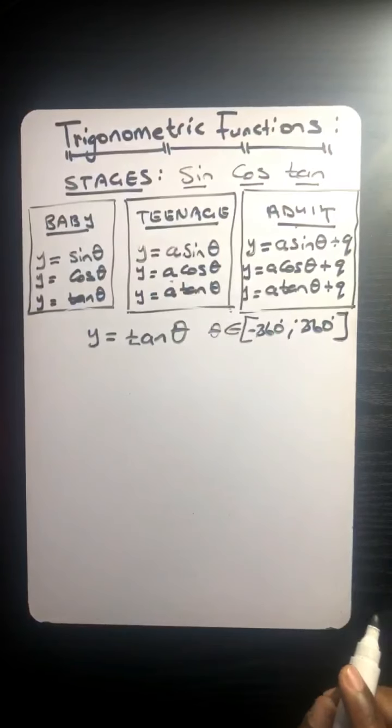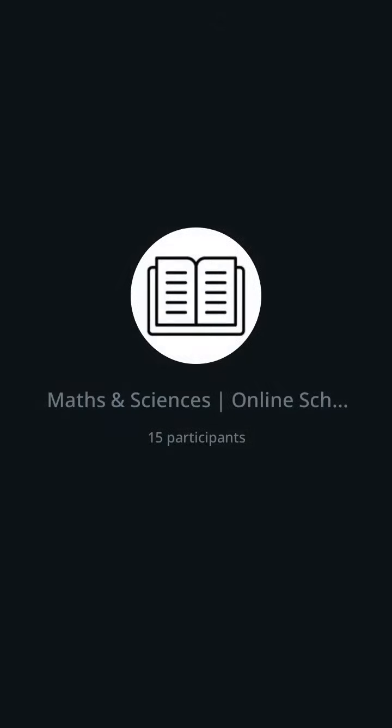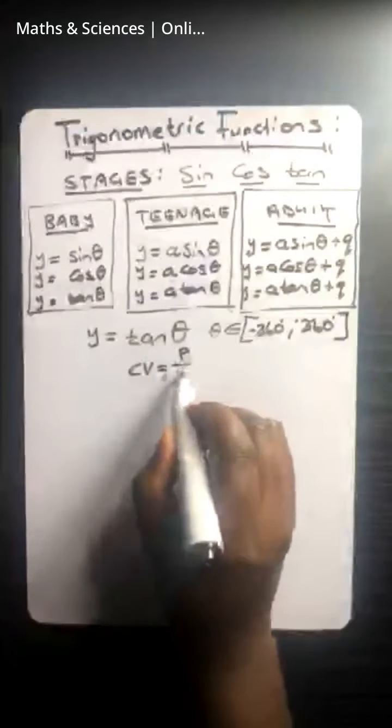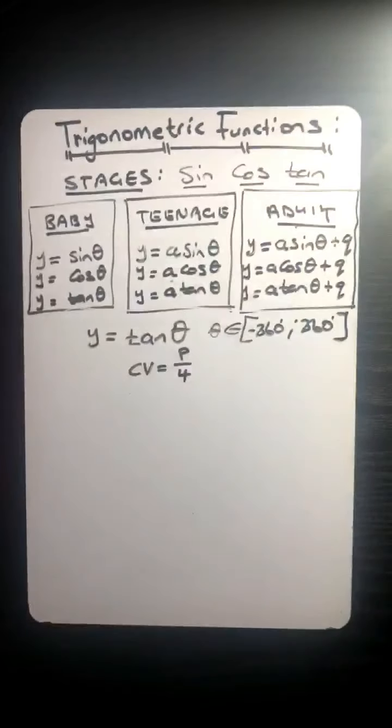Okay, here comes a question. How can we get the critical values for this function? What will that be? It's 45 degrees, sir. Someone is saying 45 degrees.